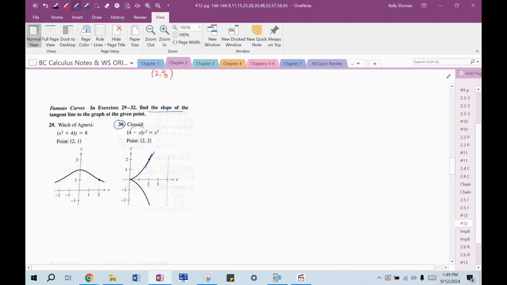I think I'm going to distribute the y squared through. So I want to take the derivative with respect to x of 4y squared minus xy squared. I don't know if that makes my life any easier or not. It's just kind of my instinct to do that if I see something simple to distribute through. And then the derivative of x cubed on the other side.